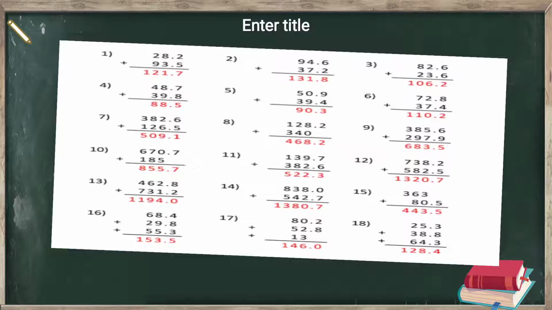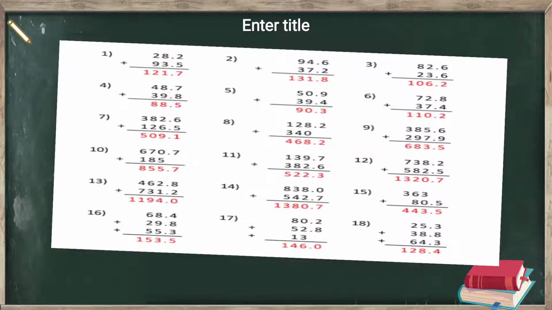Okay. Let's see the 15th one. In the 15th question, it is given 363. No decimal is given after 363. The second number is 80.5.